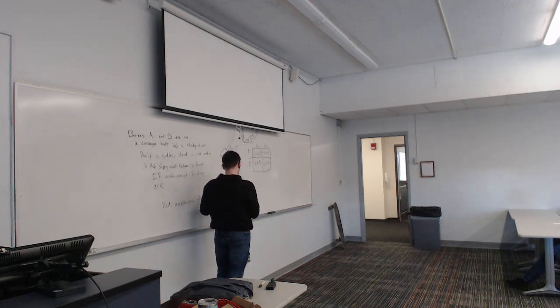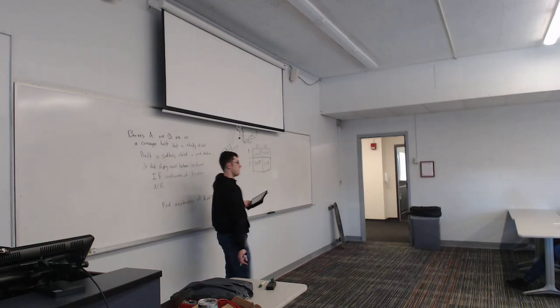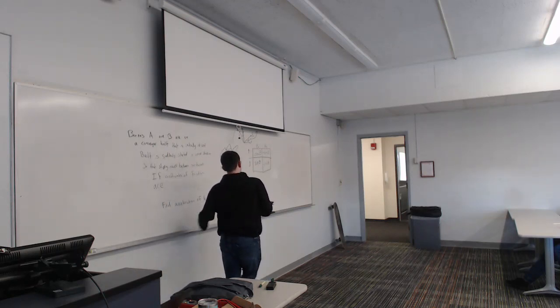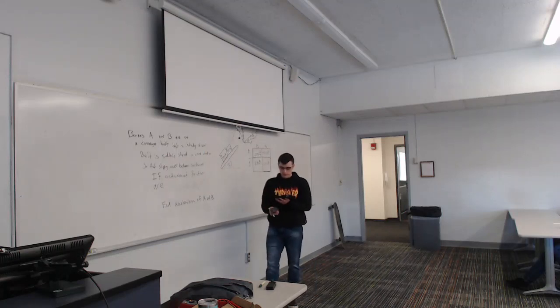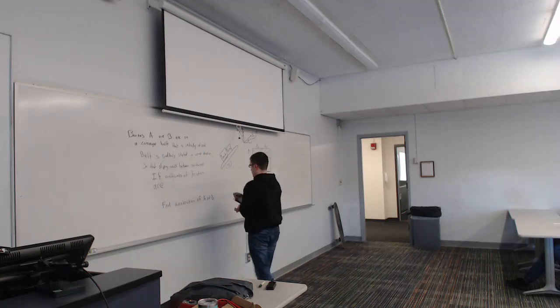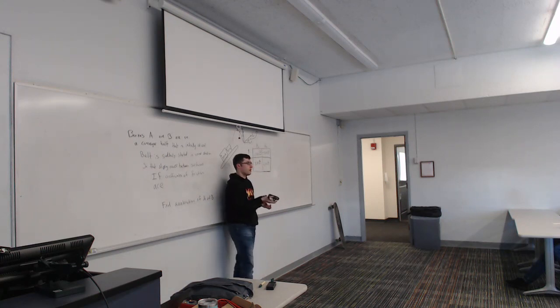So the next step we should do is, well, what do you guys think? What do you think we should do now that we have the coordinate transformation done? Any ideas? Does kinetic diagram and free body diagram ring a bell to anyone?